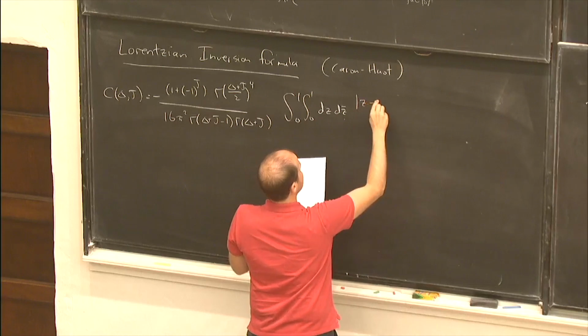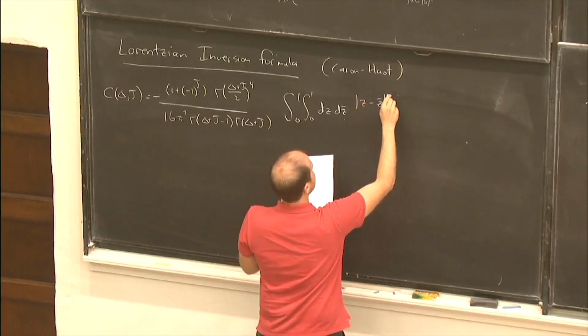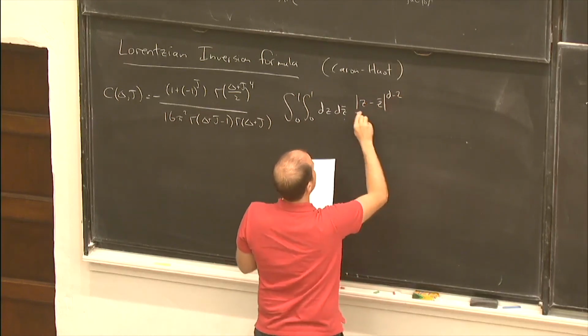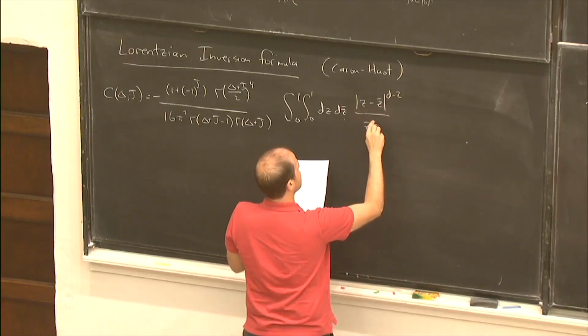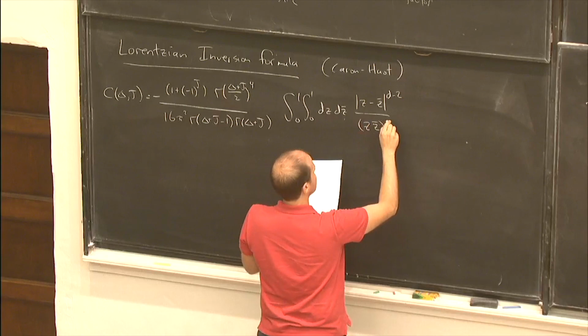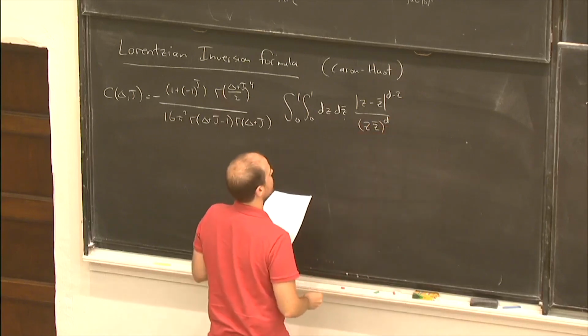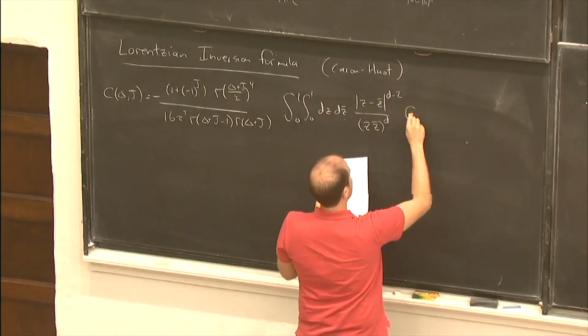The way that you know it's Lorentzian by looking at the formula is that it's an integral over independent real z and z bar. And that's only possible in Lorentzian signature. In Euclidean signature, z and z bar are complex conjugates of each other. And in Lorentzian signature, they are real and independent.